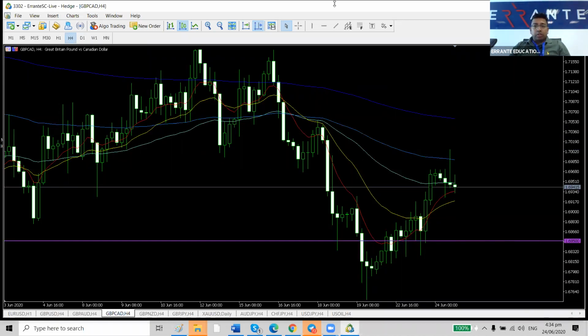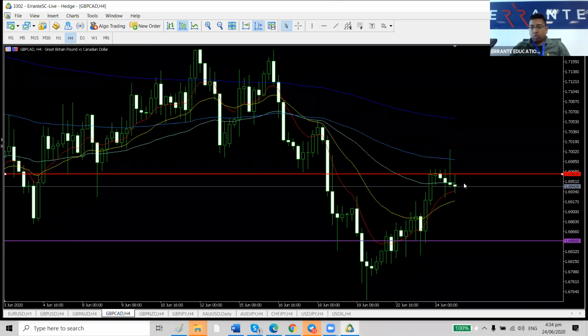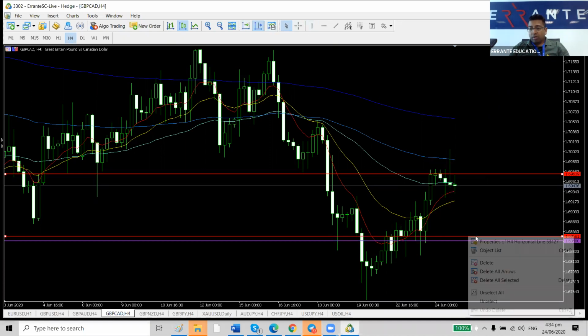What we want to do is see this area here as a resistance. Once it has gone above this area, then we want to pay more attention. As of now, let us just wait and see. I think it has potential to go down even more. 6860 will be your ideal take profit area.